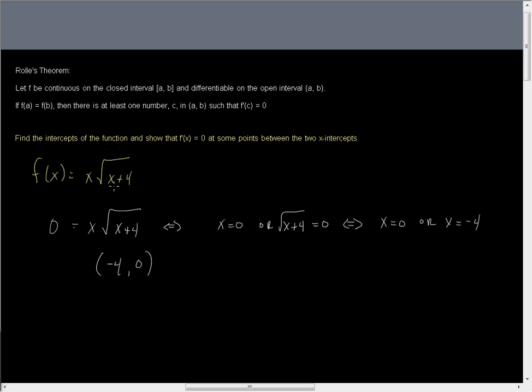If x is in fact -4, then you get 0, and if x is 0, you get 0. So we're looking at -4 to 0 inclusive. It is continuous on that closed interval. There are no values that we can't put in for x that won't come up with a good value for y. And the question now is, is it differentiable on that open interval?